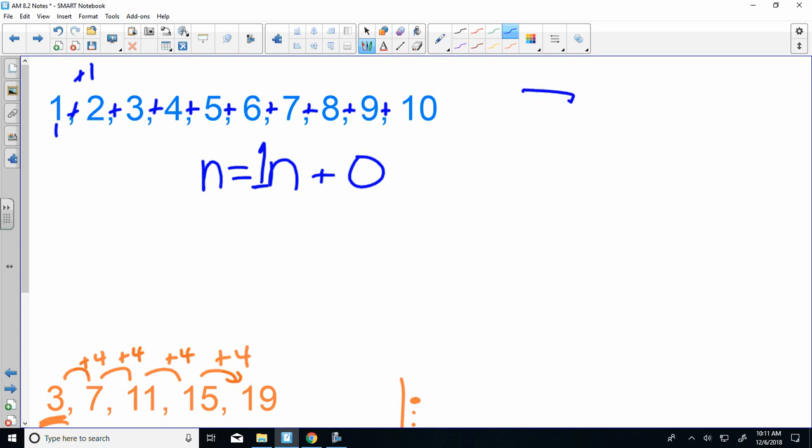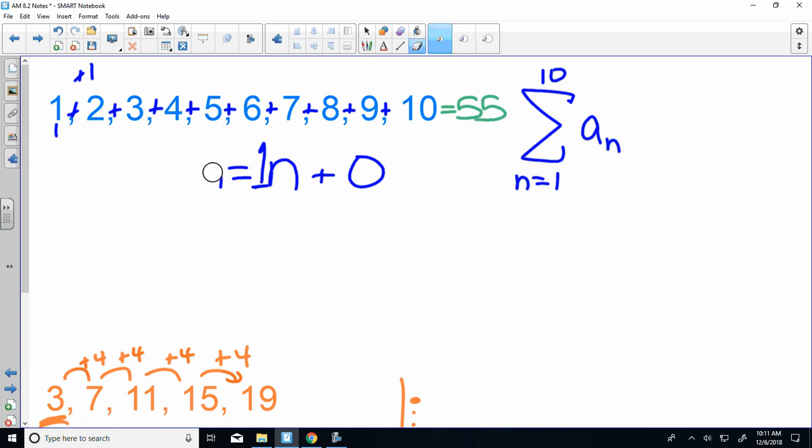So if we were writing this in summation notation, n would equal 1 to 10 for a sub n. And we know a sub 1 is 1, and all the way to 10. And so now if you take out your calculator and put all of that in and just add it up, you will get 55.